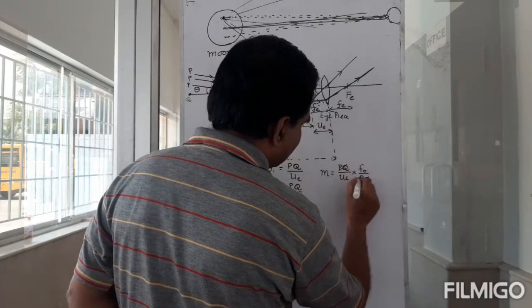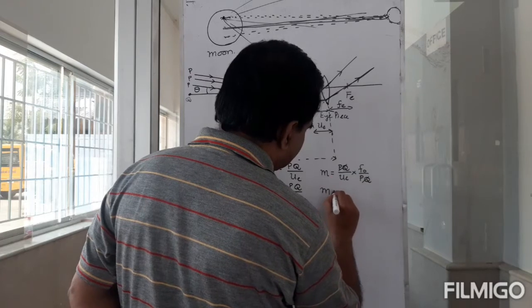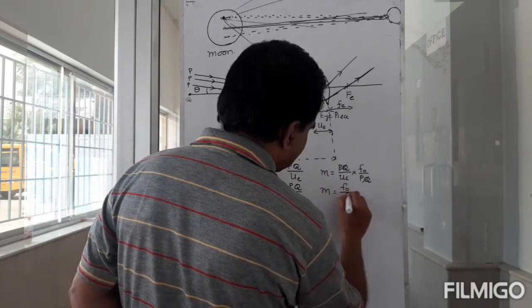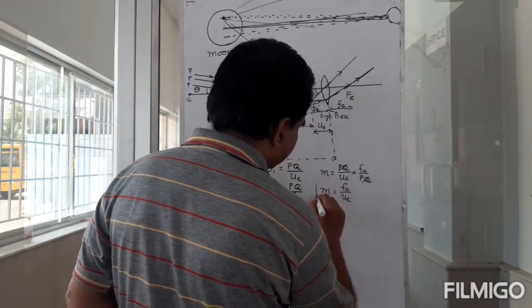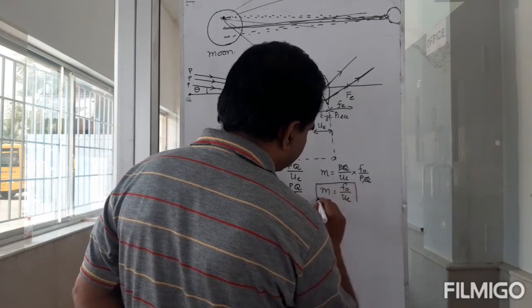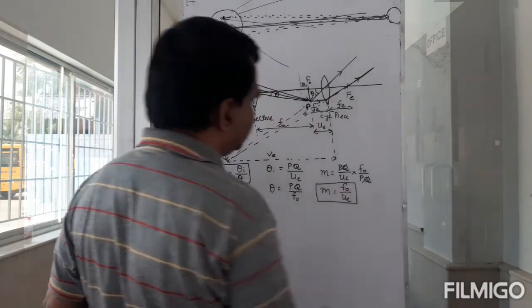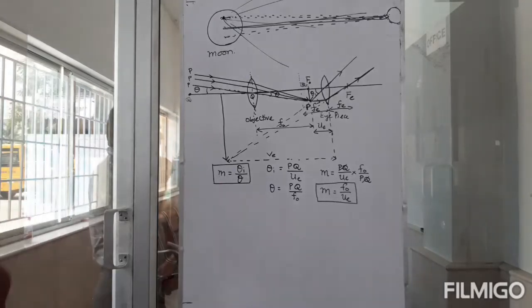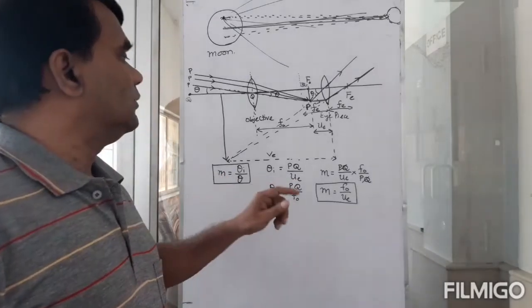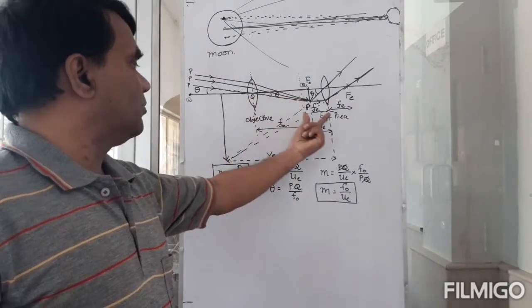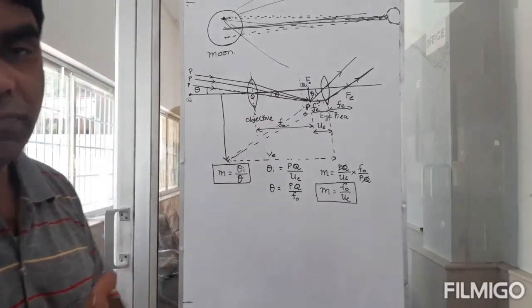PQ and PQ will cancel. So the magnification is f naught by UE.